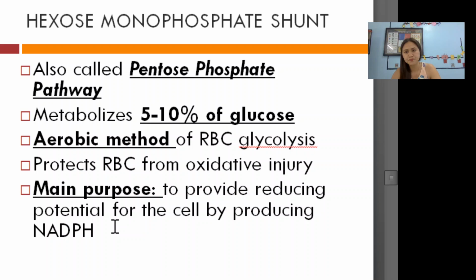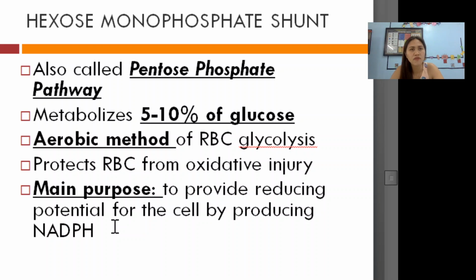Now, let's go to the hexose monophosphate shunt. It is also called the pentose phosphate pathway. Okay, it metabolizes 5 to 10% of glucose, and it is an aerobic method. Okay, the oxidative method of RBC glycolysis.